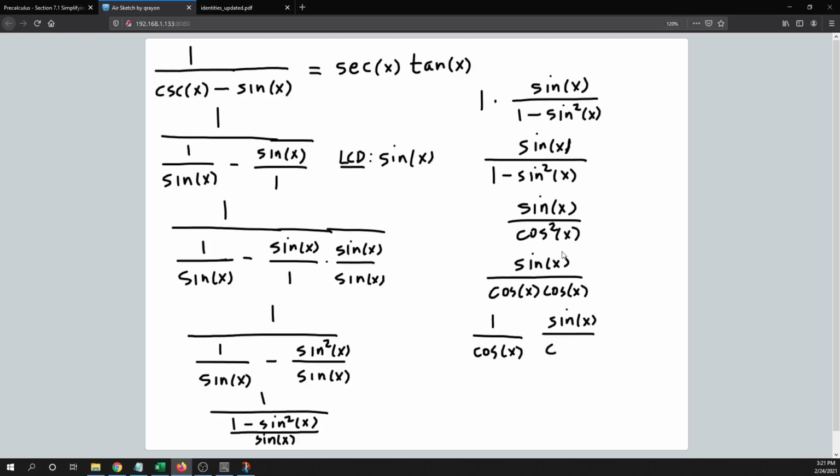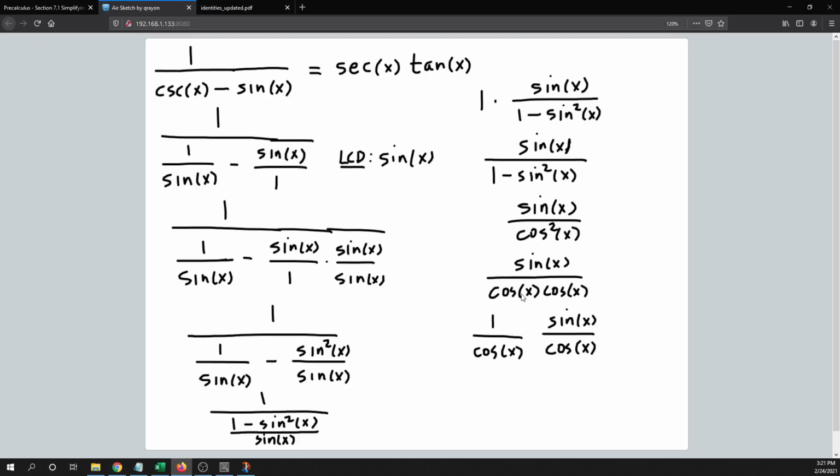And now you may say, well, wait a second, where did you get that from? But if you think about it, how do I multiply two fractions? You multiply the top parts and then multiply the bottom. Multiply the numerators, multiply the denominators. So if I start at this and multiply 1 times sine x, that gives me sine x.